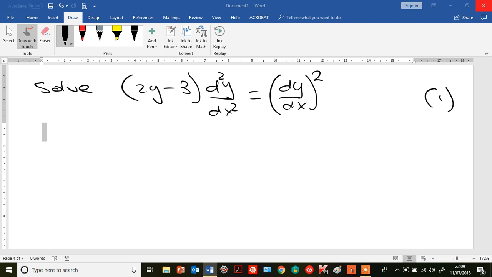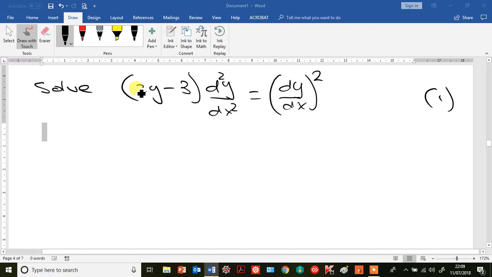Oh, hello. Well, in addition to my last two videos on how to solve non-linear ordinary differential equations, I wanted to show you how to solve a slightly more complex non-linear ordinary differential equation, such as the one in equation 1 here.